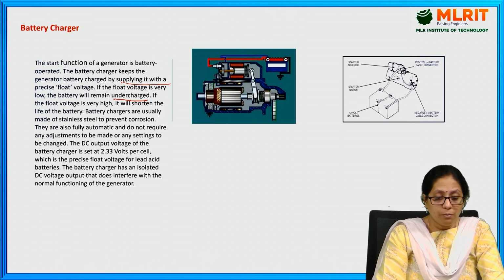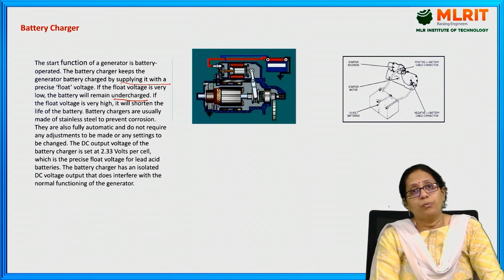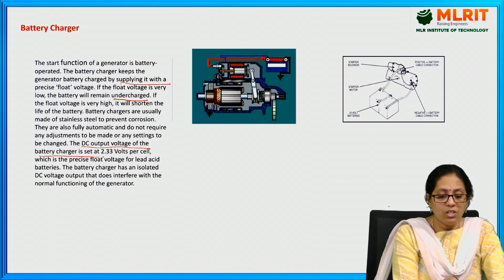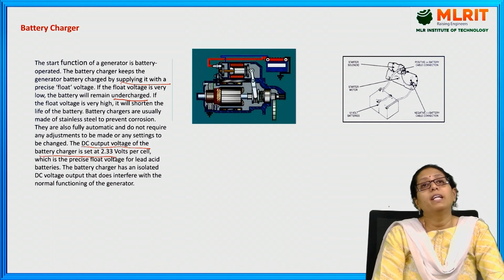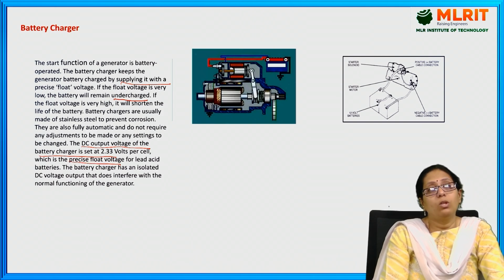So, based on this, we will decide the battery charger, whether it should be a very high value or a low value. Generally, the DC output voltage of a battery charger is set to 2.33 volts per cell, which is the precise float voltage of a lead acid battery.